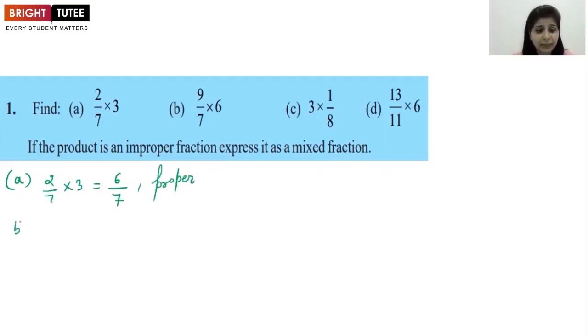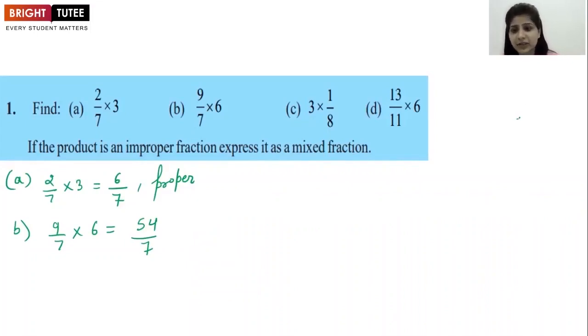Okay. In the B part, we have 9 upon 7 into 6. So again, I'll multiply 9 with 6. 9 with 6 is 54 upon 7. So what is it? Is this proper or improper? You can easily see that the numerator is greater here than the denominator. So it is improper. We can divide it.